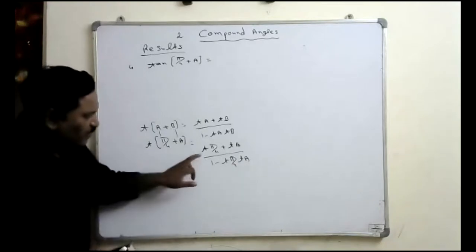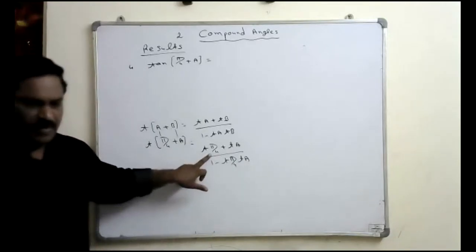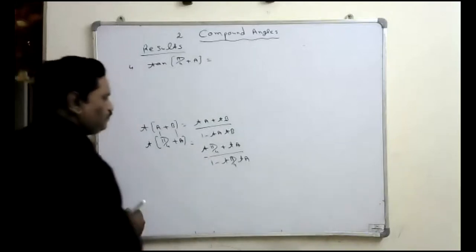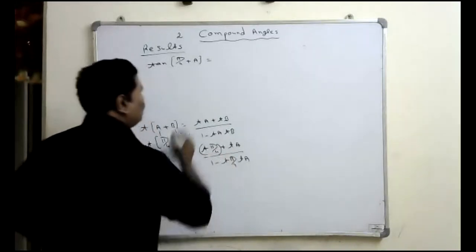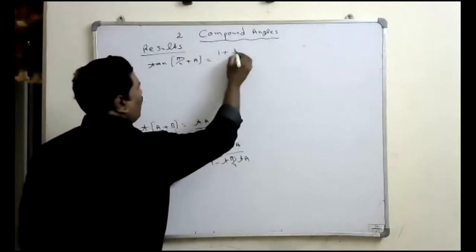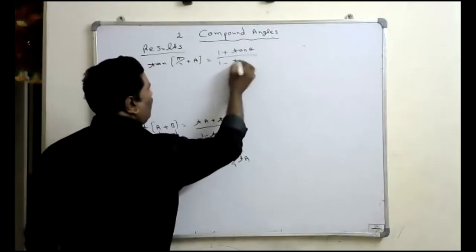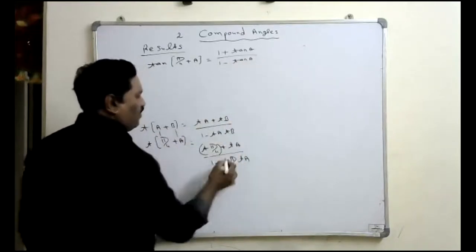What is the value of tan pi by 4? Pi by 4 is 45 degree. Tan 45 how much? 1. So therefore it is 1 plus tan A upon 1 minus tan A. So tan pi by 4 value is 1.